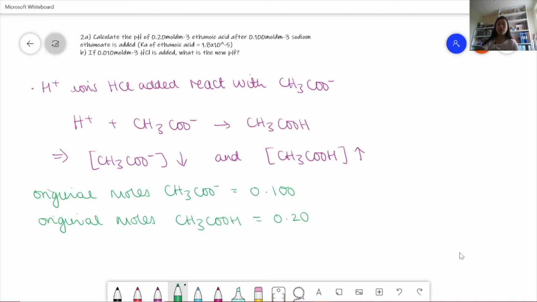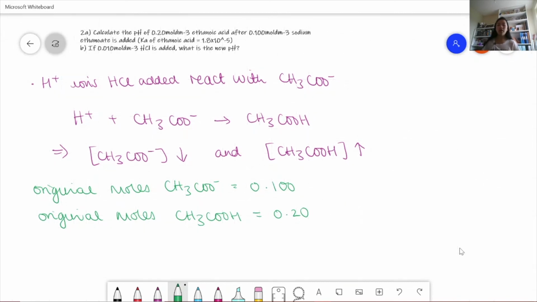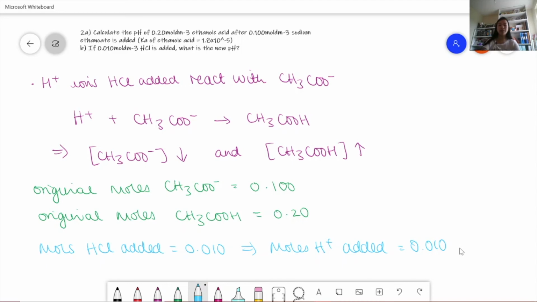And now we work out the number of moles of HCl added. So we've got that the moles of HCl added is equal to 0.010, and this is actually equal to the moles of H+ added. And this is because HCl is monoprotic or monobasic, so each HCl has one H+ ion.